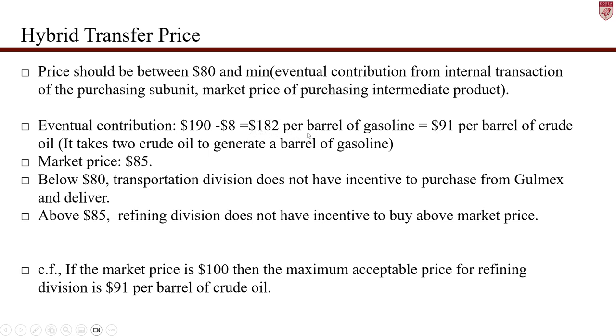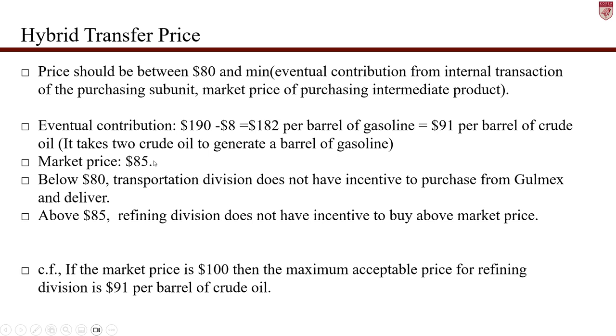But here we need to be careful. We can't be comparing $182 with $85 because the unit is different. Here it's $182 per barrel of gasoline, whereas the market price of $85 is $85 per barrel of crude oil.